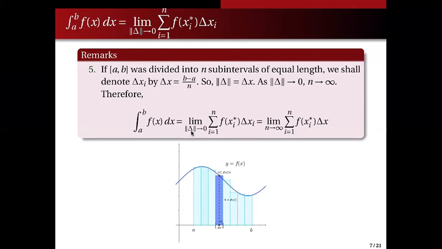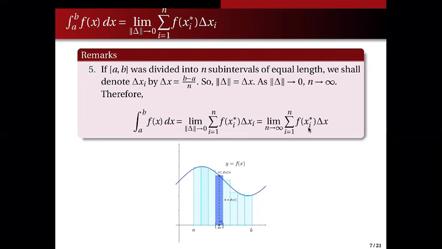Furthermore, since the value of the definite integral does not depend on the choice of xi star, we can just choose xi star to be either the left endpoint, right endpoint, or the midpoint. So we again go back to what we have discussed in the first lecture.